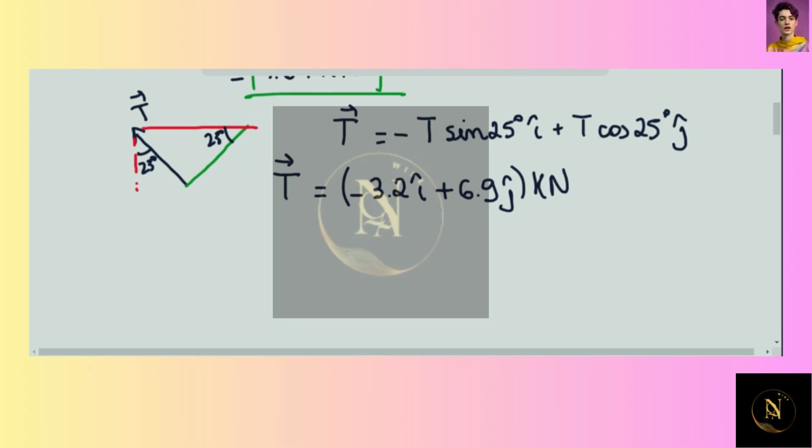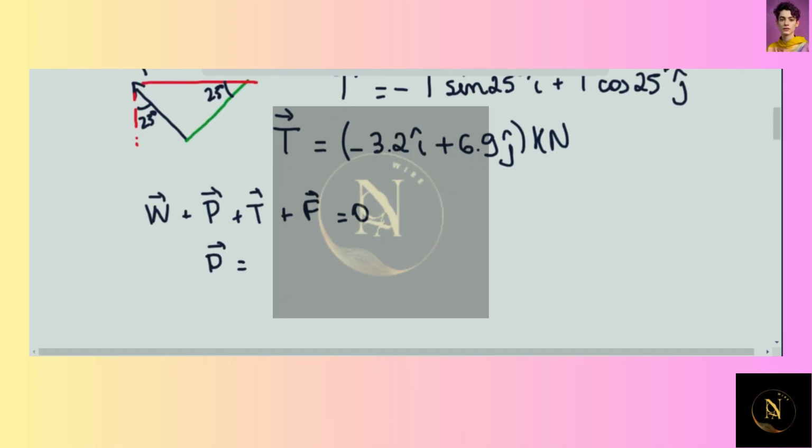Now notice that the sum of all the forces, that is the weight plus P plus T plus F, is equal to 0. And we want to find P. So P is minus T plus F plus W. Now T is minus 3.2i plus 6.9j.